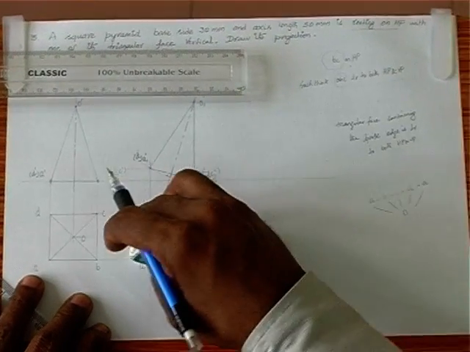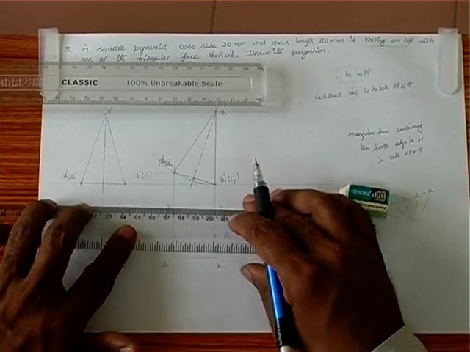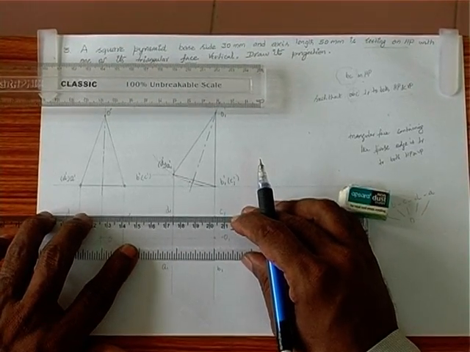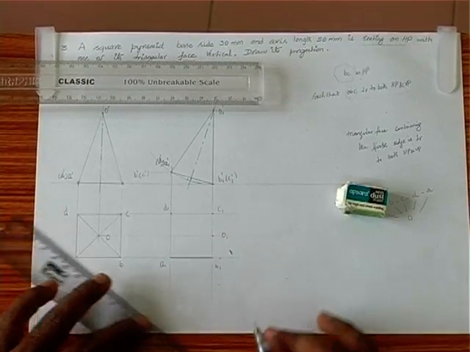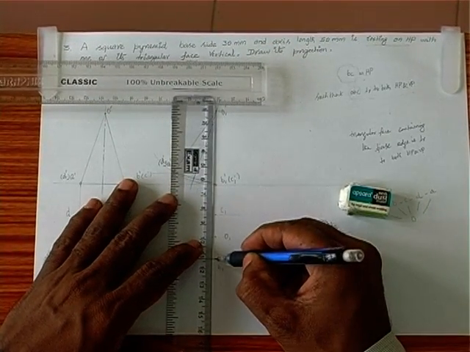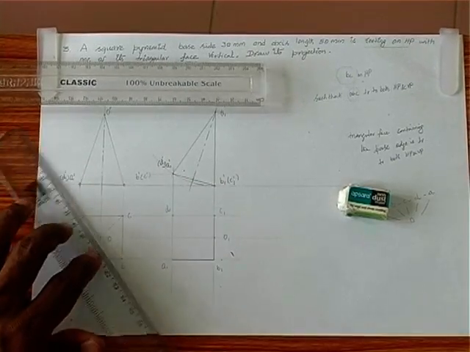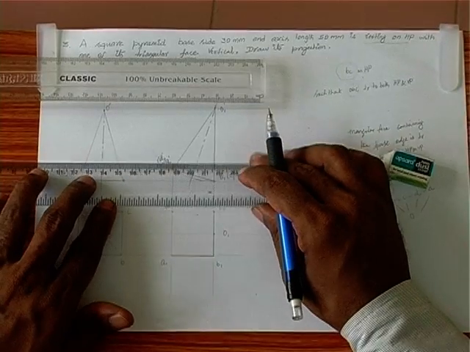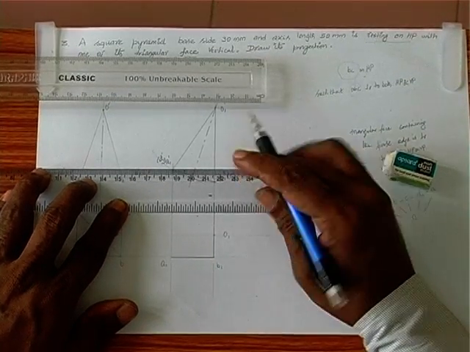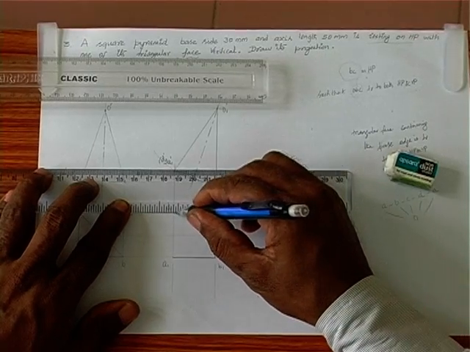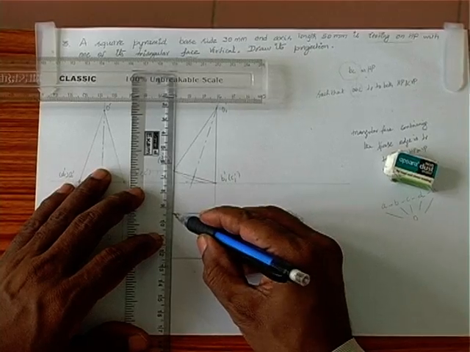First we connect the outer edge AB, then BC is again an outer edge, then CD is also an outer edge, then AD, DA. So we have this.